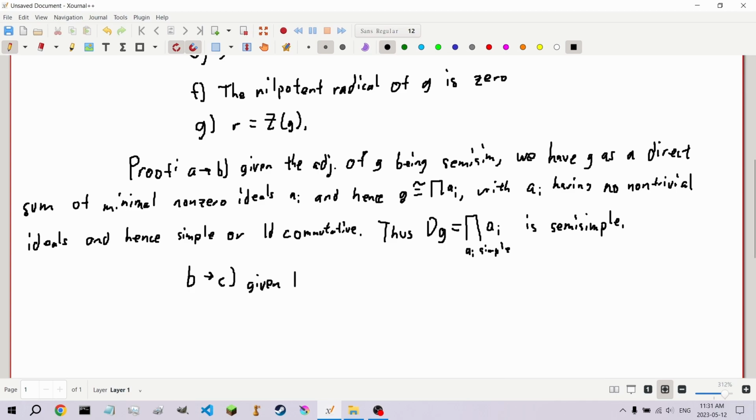So we're given DG is semi-simple. Then we know that G is isomorphic to the product of DG with some h. That's by a previous corollary, which means h is isomorphic to G over DG, which makes it commutative.